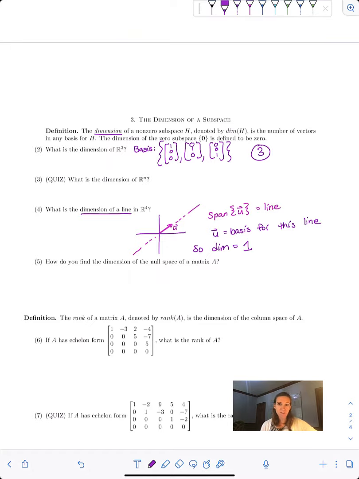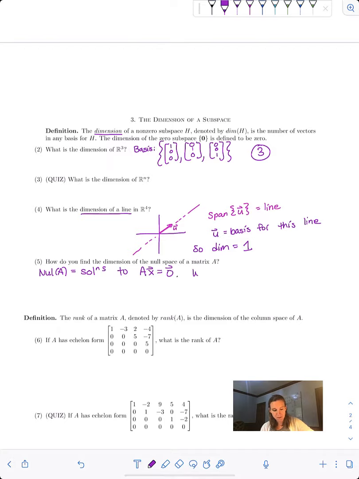Okay, so now if we want to find the dimension of the null space of a matrix, let me write this carefully. The null space of A is the solutions to Ax = 0.